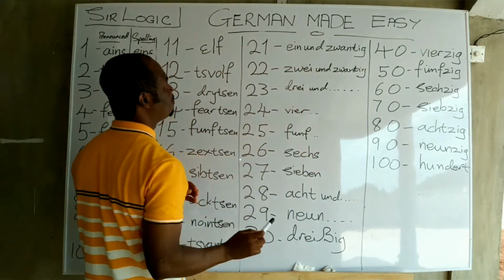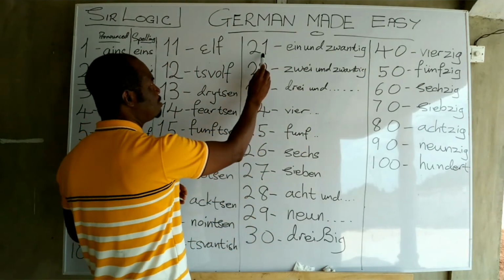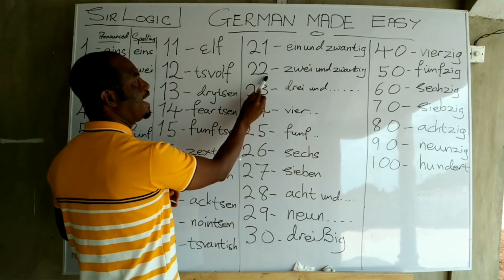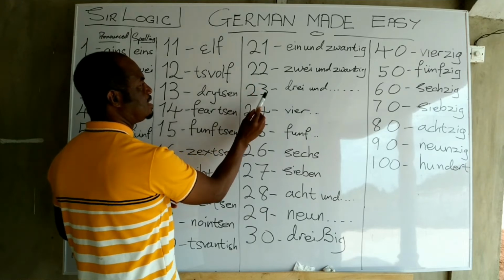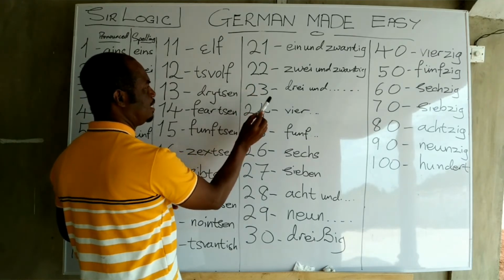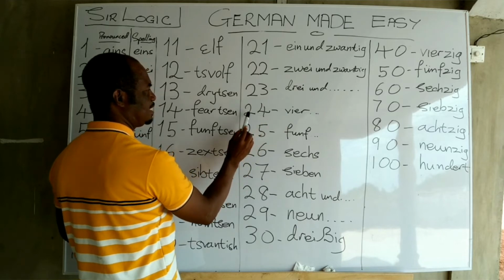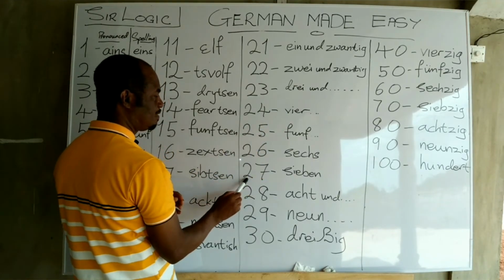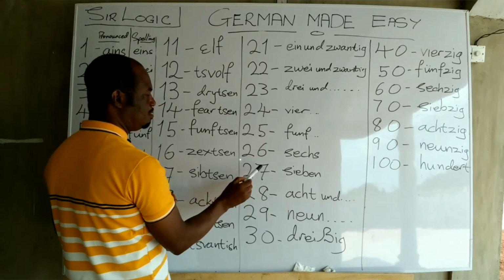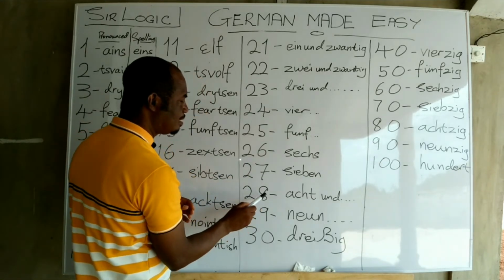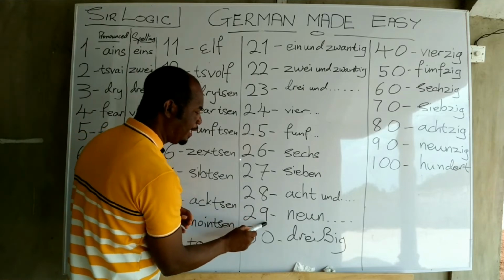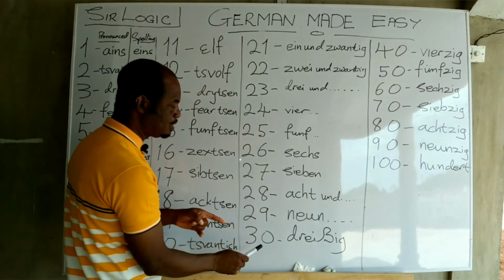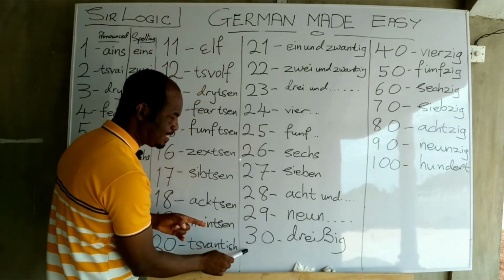So say it after me. 21. 22. 23. 24. 25. 26. 27. 28, 29, and this comes as 30.